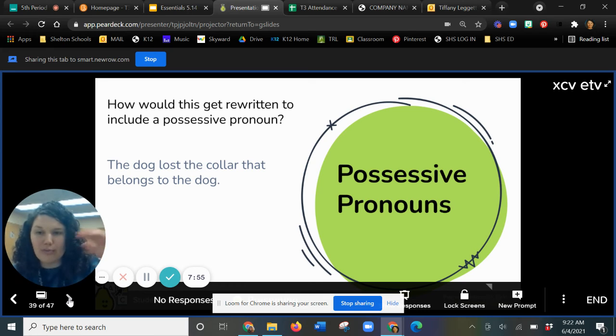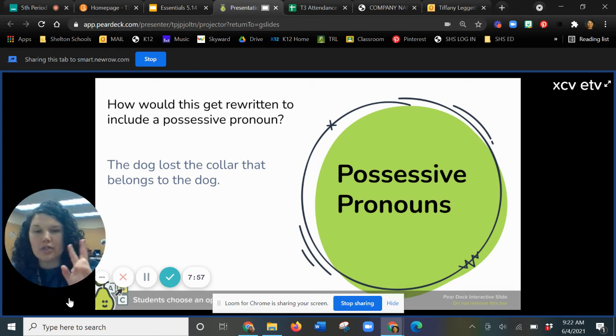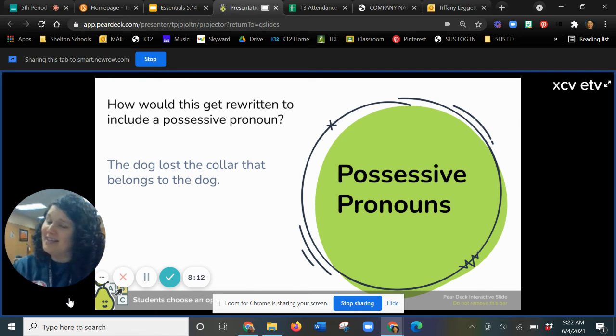So here's our last two practice questions before you go into your quiz. How would this get rewritten to include a possessive pronoun? The dog lost the collar that belongs to the dog. It's wordy. We wouldn't say that. We would shorten it. How would we shorten it?